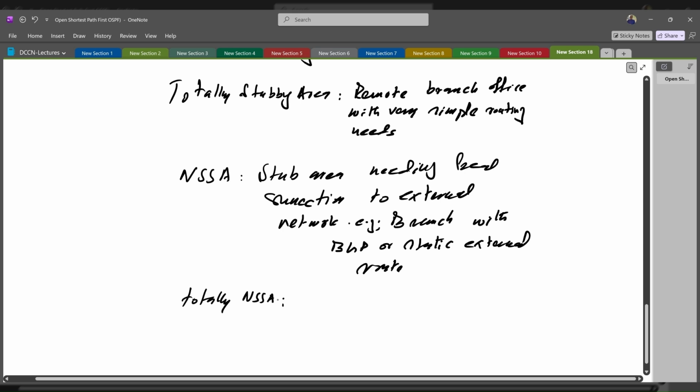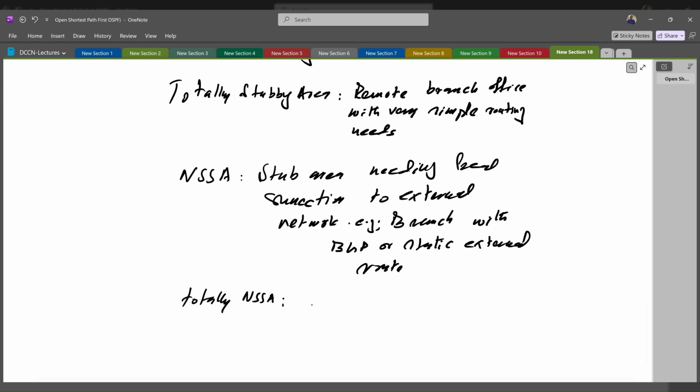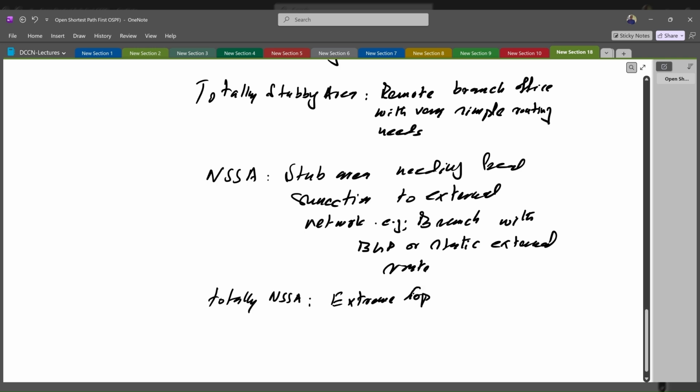For example, extreme optimization for a remote NSSA area, right?